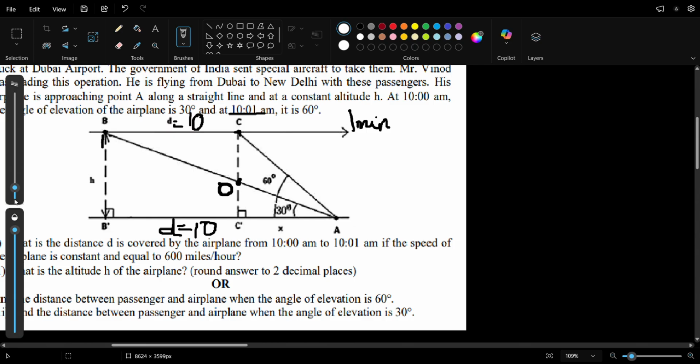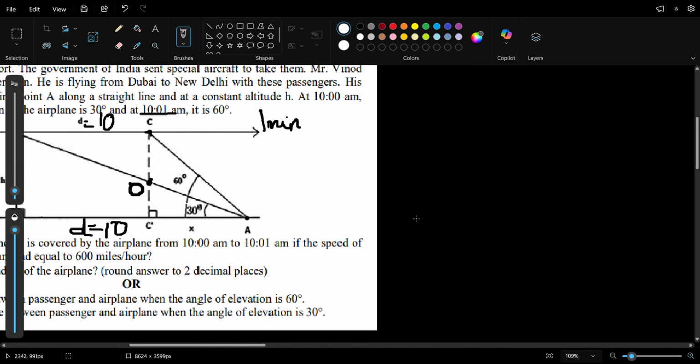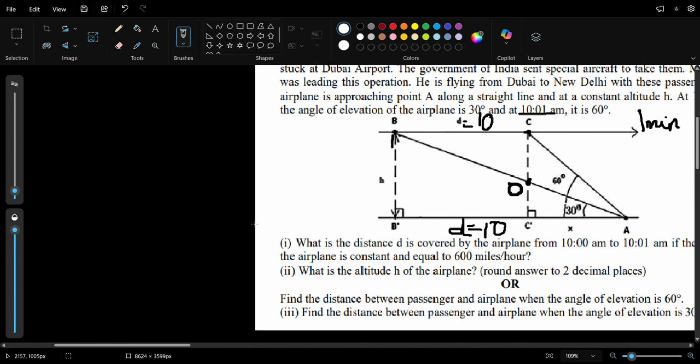Now in triangle OCA, we have to find x. For now, we have to find x to substitute for h.